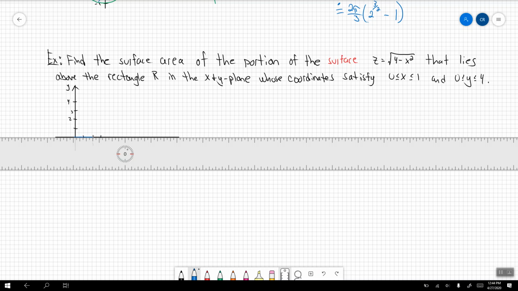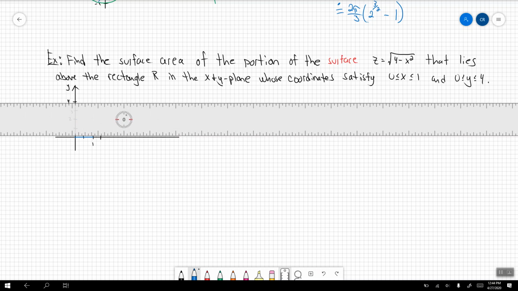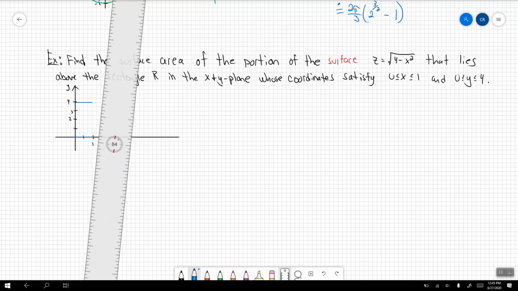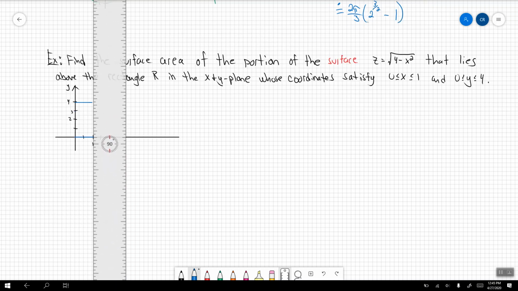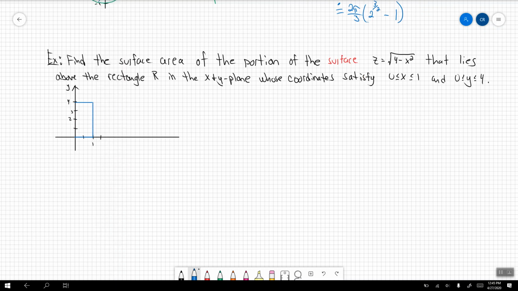So from 0 to 1, there we are. This goes from 0 to 1. Nice. And then the y values go from 0 to 4. There we are. And we have this rectangle region, or that rectangular region.